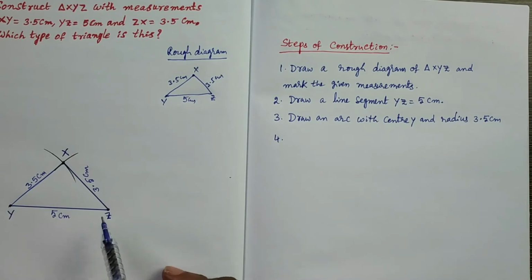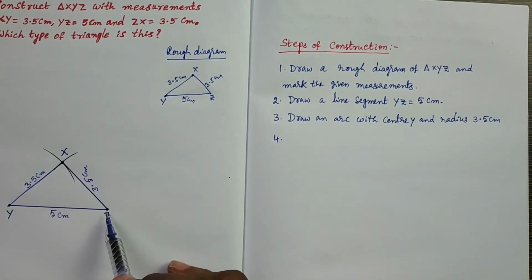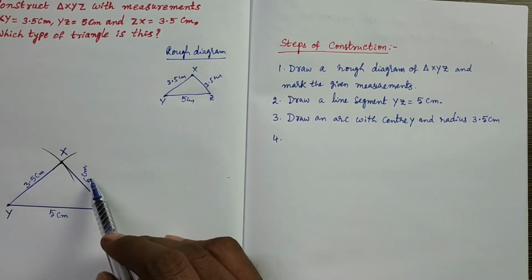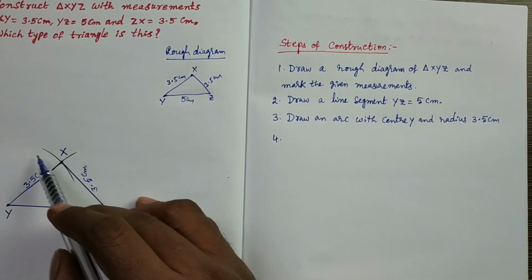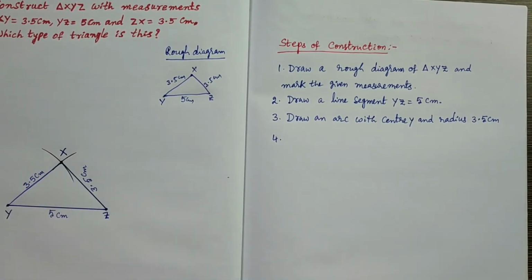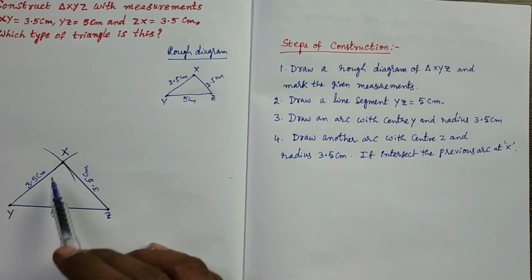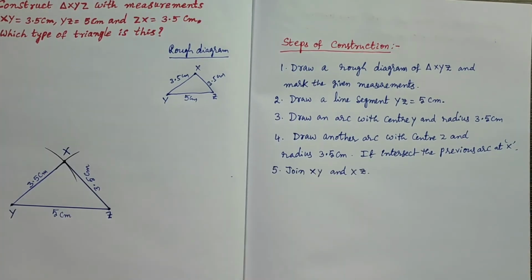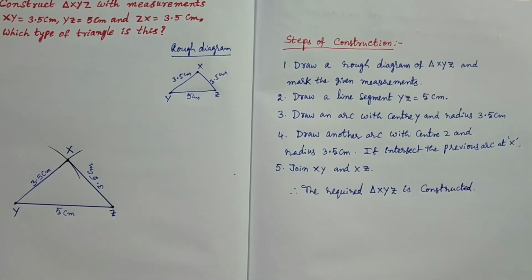The fourth point is draw another arc with center Z and radius 3.5 centimeters, and this arc intersects the previous arc at X. Now in the fifth step, join XY and XZ. Therefore, the required triangle XYZ is constructed.